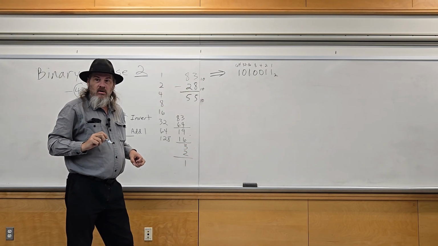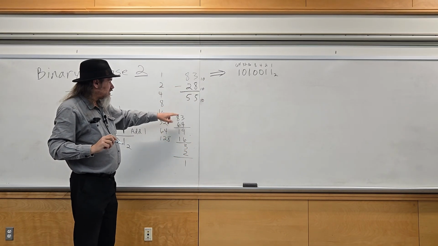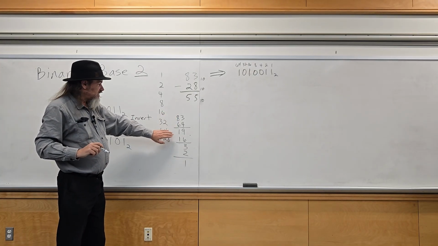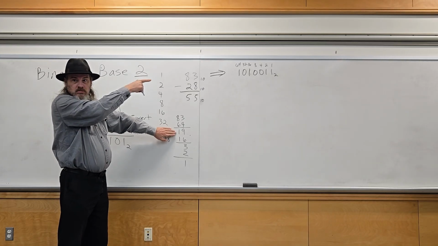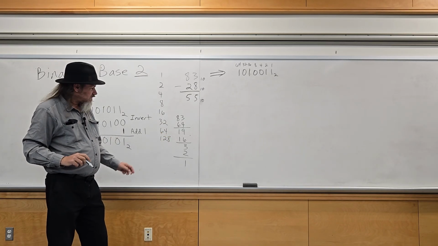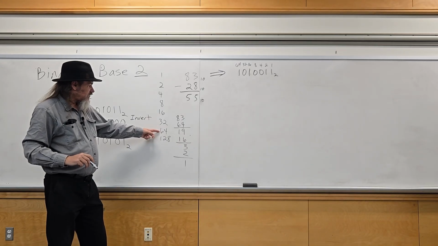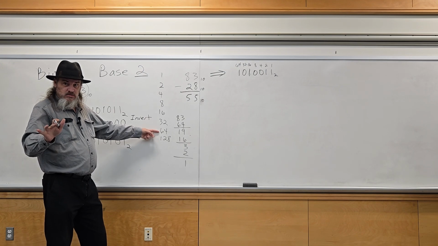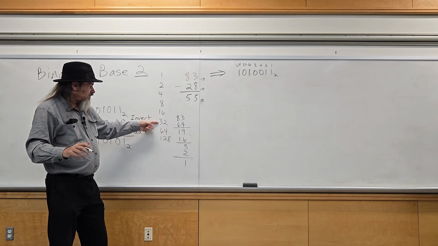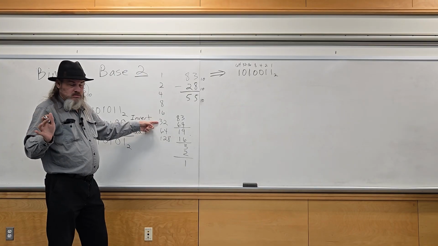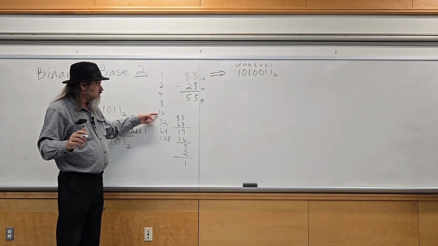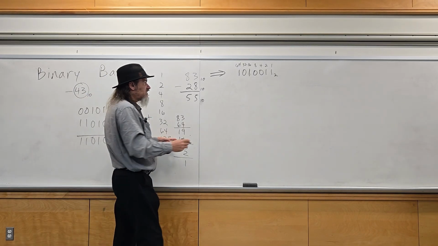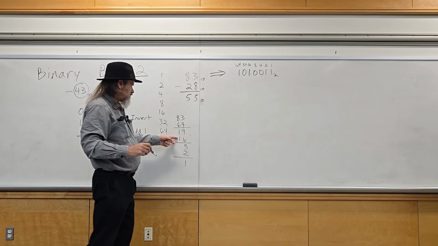So when we subtracted 64, we couldn't get a 32, so we put a 0 there. You subtract 64 right here. Try to subtract 32. Can't do it from the result. You can subtract 16, so you put a 1 in the 16th position.